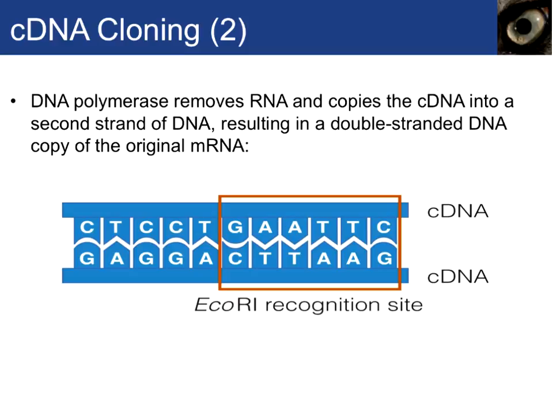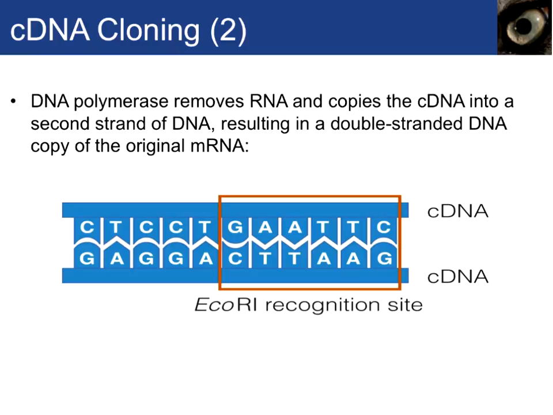Then DNA polymerase removes the RNA and copies the cDNA into a second strand of DNA. This results in a double-stranded DNA copy of the original messenger RNA. And so this now can be cloned into a cloning vector, which uses restriction sites such as the one highlighted, and then it's inserted into bacteria.